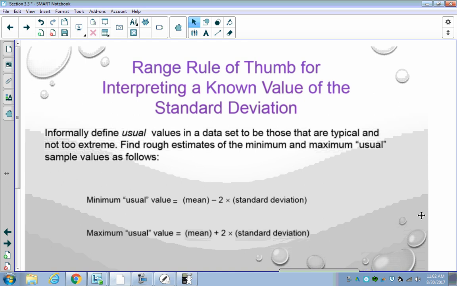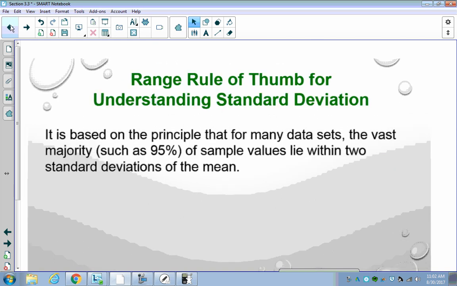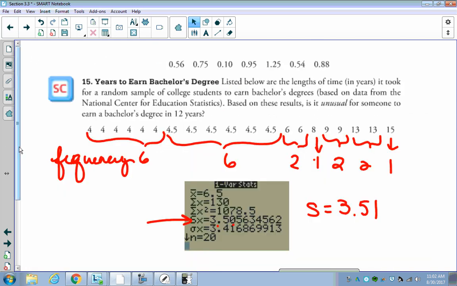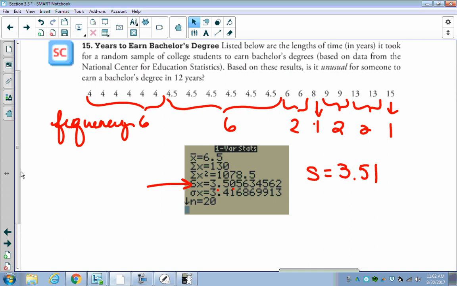That is my definition of usual. Within 2 standard deviations of the mean. So let's go back to that problem we were just working on. We found our standard deviation of 3.51 rounded.